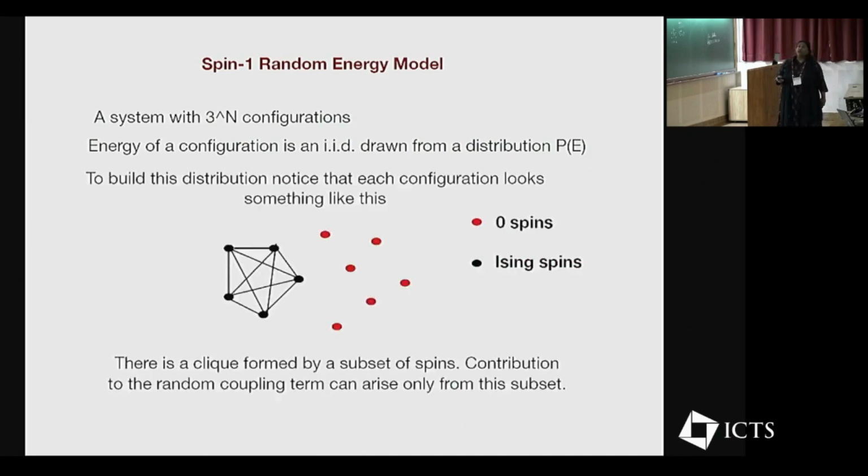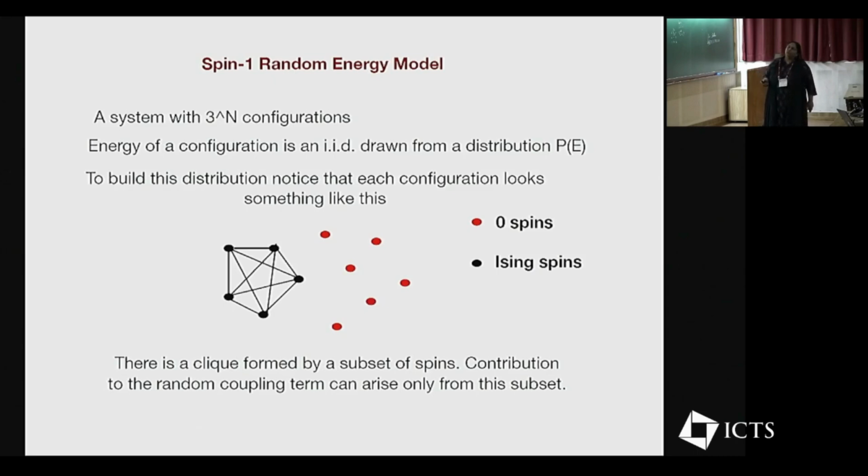If the spin can take 3 values, one can look at the entire graph as being built of one clique and many disconnected paths, in the sense that whenever a spin is 0, that spin will not contribute to the interaction.